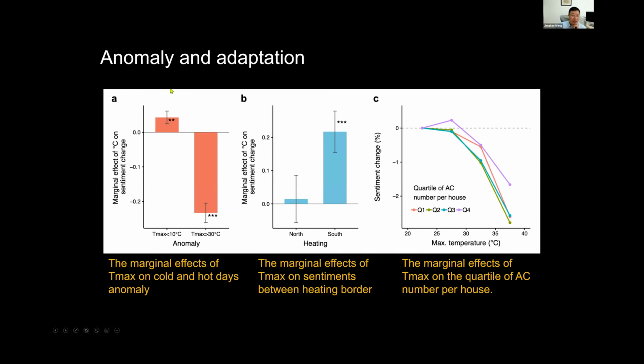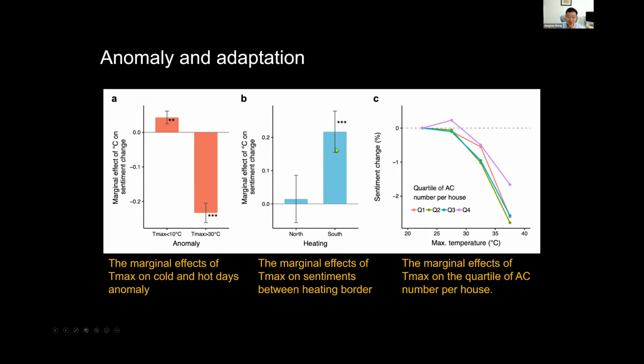We also found some interesting adaptation strategies, how they will alter people's expressed sentiment. As we talk first about the marginal effect of air conditioners, we found that air conditioners in poor and rich countries do not significantly change the effect, but heating will significantly increase the sentiment score in wintertime.